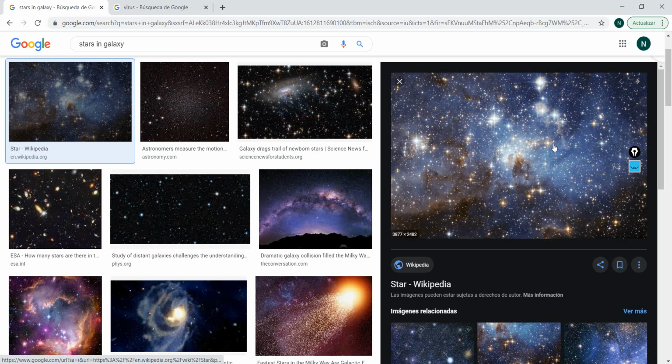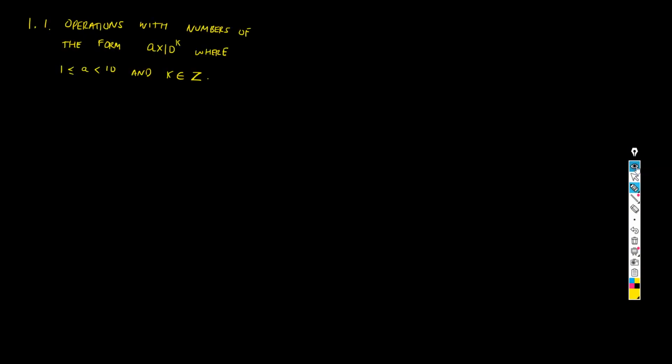For example, we may say that there's 1 billion stars, and 1 billion is written in the following way. This is 1 billion, which is 1,000 millions.